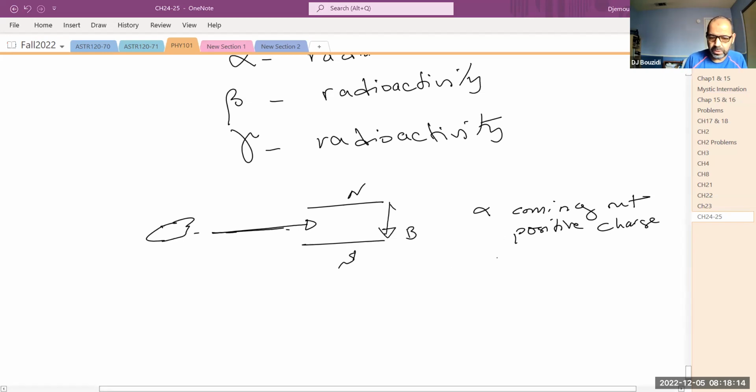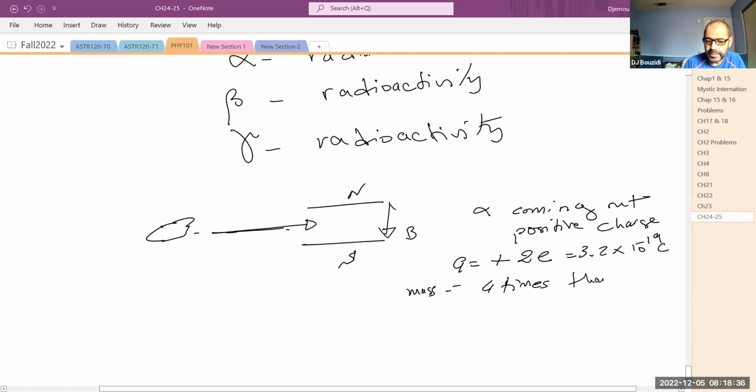So it turns out the alpha particles are positively charged and their charge is twice that of the electron. So their Q is 3.2 times 10 to the negative 19 Coulomb. Furthermore, their mass is 4 times that of hydrogen.